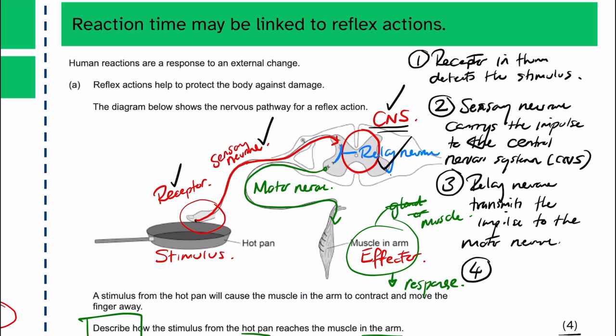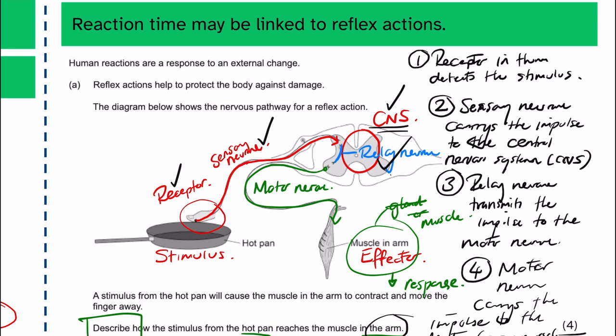And then fourth, which will be our 4 marks, the motor neuron carries the impulse to the effector, which in this question you must say is the arm muscle. Okay, that would be our 4th point. We could go on and add a 5th point, which said the arm muscle contracts and moves the pan, but we don't need to, because we just need to say how it gets from the stimulus to the arm. So that is our 4 marks.